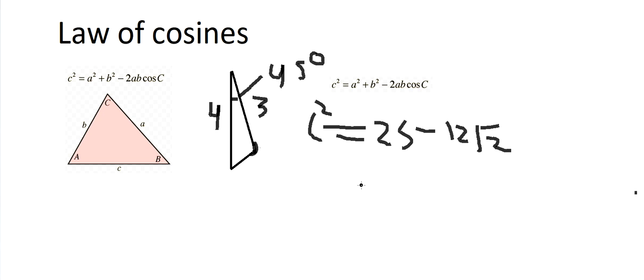And we get c squared is equal to, I'm going to round to the nearest hundredth, 0.2. Then you take the square root, and here's where we deserve a drum roll.